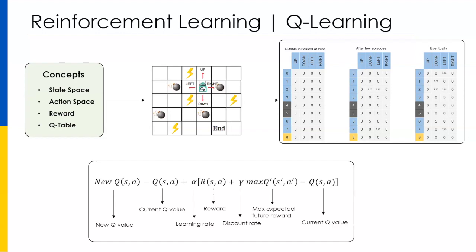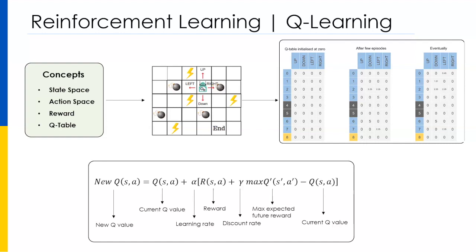And the reward is the reward of the action that the robot makes. So for example, if the robot goes right, it gets a reward of minus 100. And if the robot somehow goes to the end, it gets a reward of plus 100. And the Q table is like a matrix, the result of all of these 3 spaces of states, actions, and rewards.